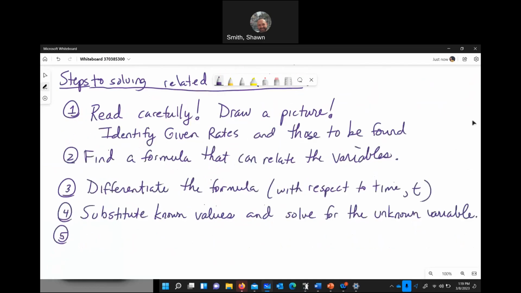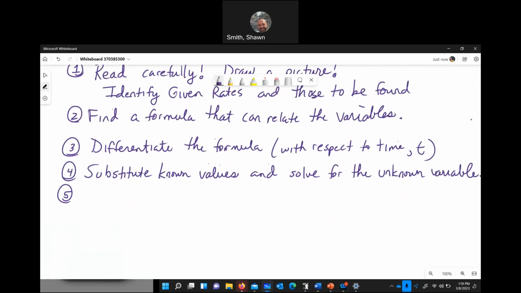to the variable. Number 5, probably one of the most important ones, check that all units are correct and the solution is reasonable.